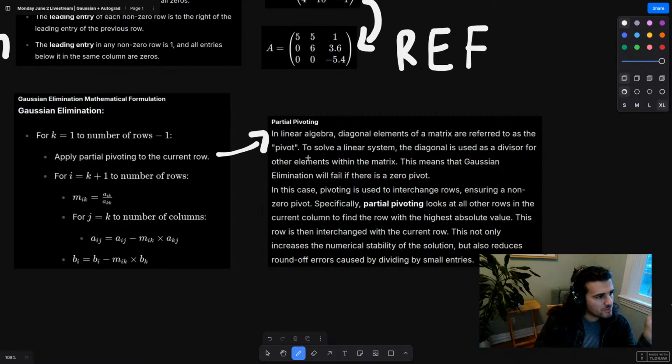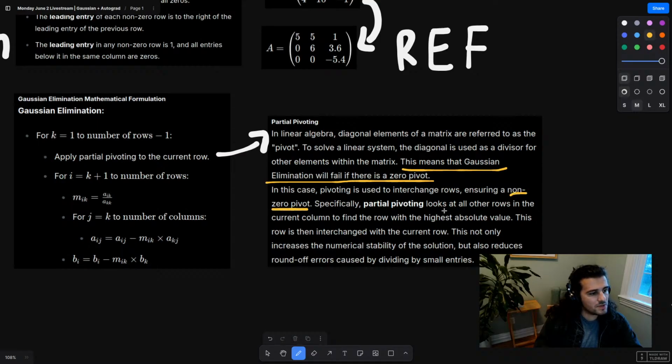Diagonal elements of a matrix are referred to as pivots. In the system, the diagonal is used as a divisor for an element. The Gaussian elimination will fail if there is a zero pivot. In this case, pivoting is used to interchange rows, ensuring a non-zero pivot.